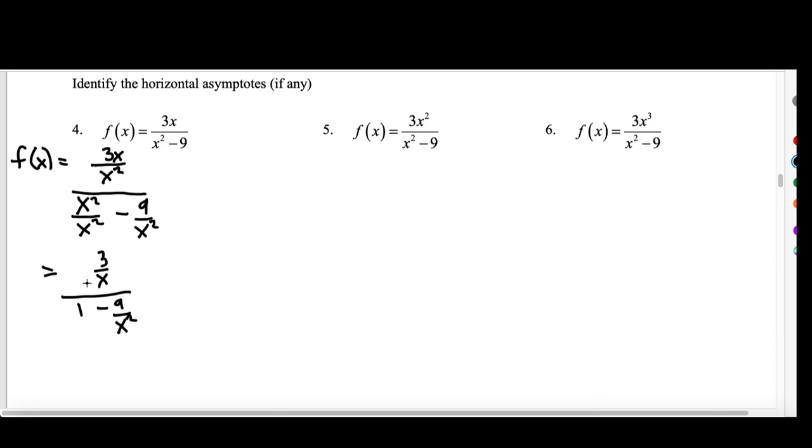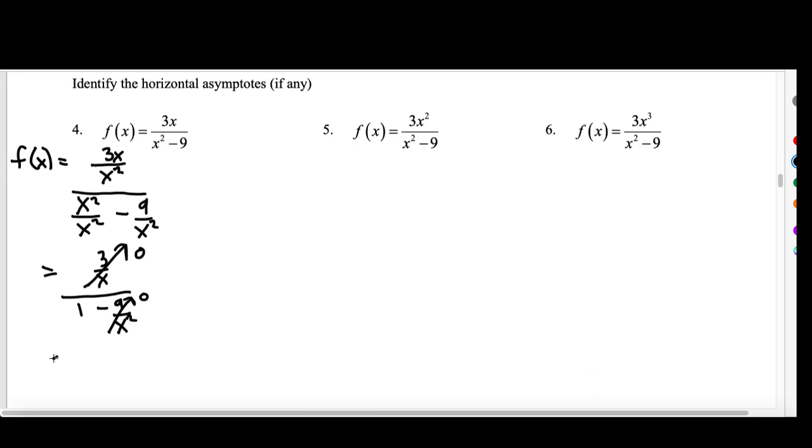So we would say that 3 over x approaches 0. 9 over x squared, a similar thing: as x gets bigger and bigger, I'm taking 9 and dividing by a huge number. That's going to result in a very small number. As x gets bigger, 9 over x squared will just get smaller. It will approach 0, never quite get there.